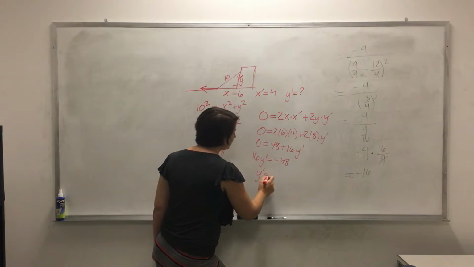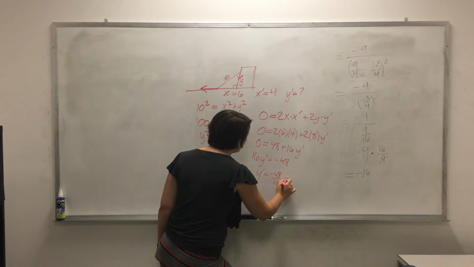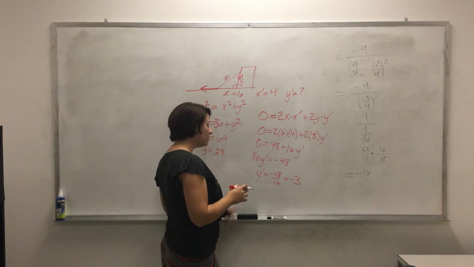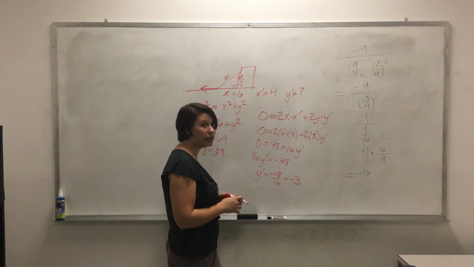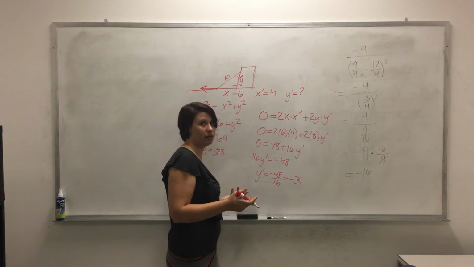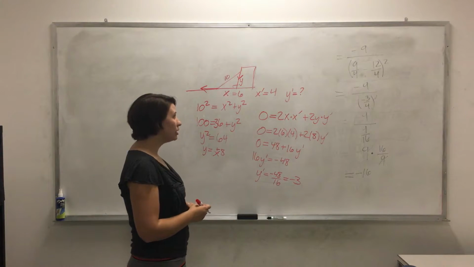So y prime is equal to negative 48 over 16, or negative 3. Meaning that y is decreasing at a rate of 3 feet per second maybe, or feet per minute. Okay? That would be the answer to this problem.